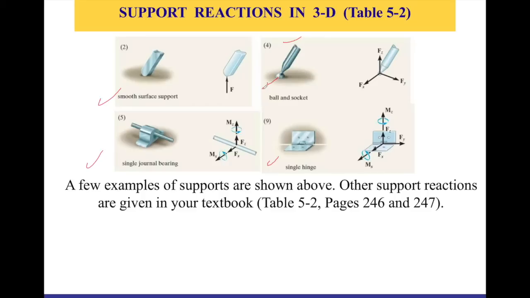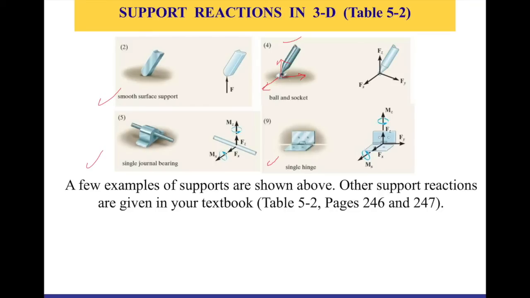So I have Fx; this is the x-axis, this is the y-axis, and this is the z-axis. As shown in the schematic, it's preventing translation. However, it allows for rotation because it's a ball and socket, so we don't have to add moments.